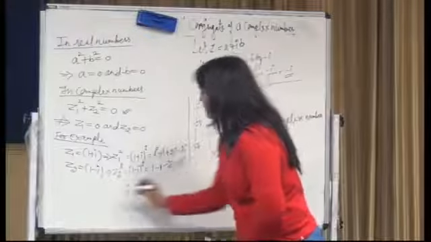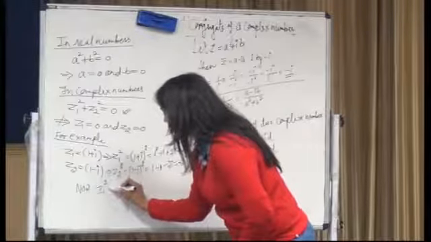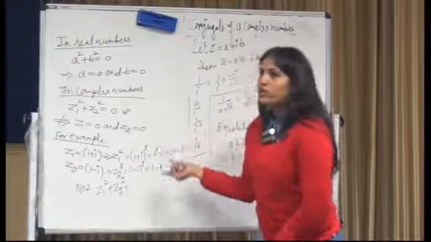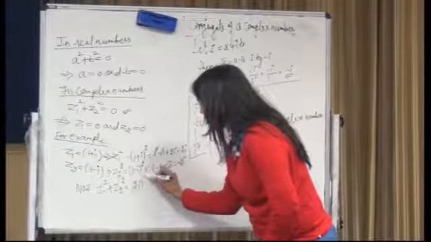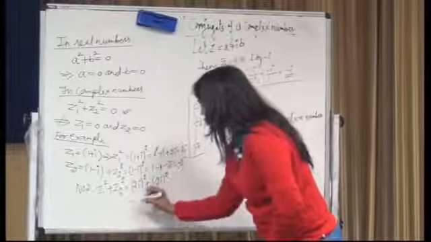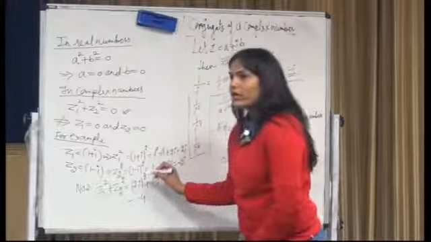Now just check. z1 square plus z2 square should be equal to 0. If we are giving this example, it should be 0. So (2 iota) whole square plus (minus 2 iota) whole square. This will be minus 4 because iota square is minus 1.